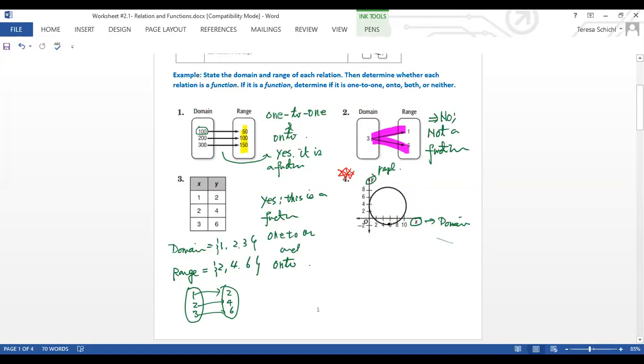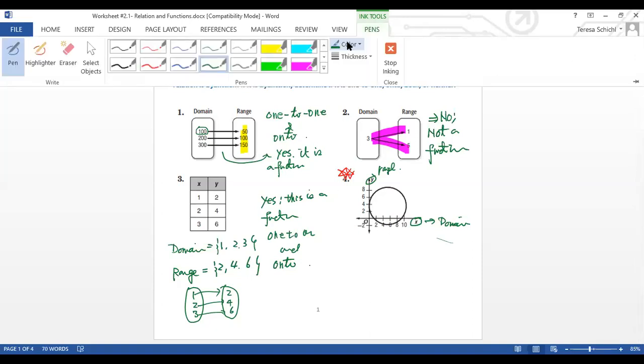So as you can see here, if I have x equal to 6, then how many values am I going to have? I'm going to have 2, right?